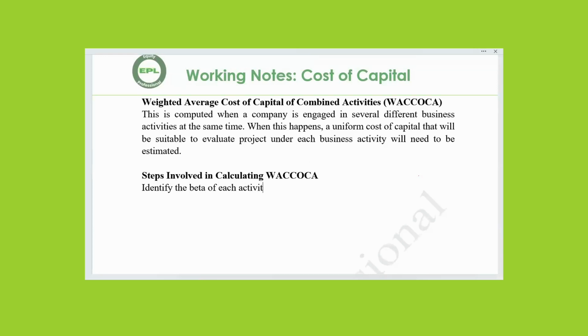What is the beta of the communication business, for example? What is the beta of real estate? So that's step 1. Then step 2, you ungear the beta if it is geared, the same way you normally ungear under project-specific. All right, that's step 2. Let me label it.